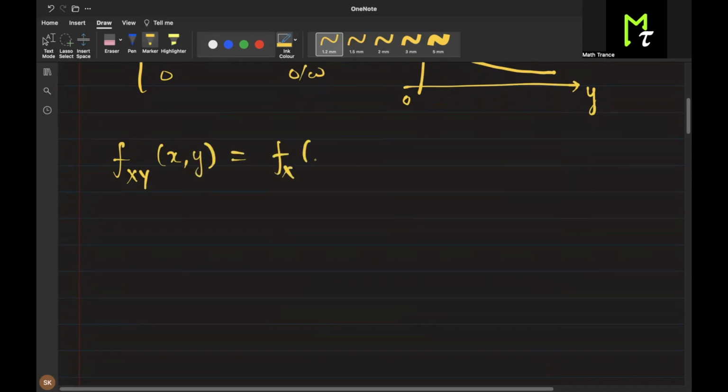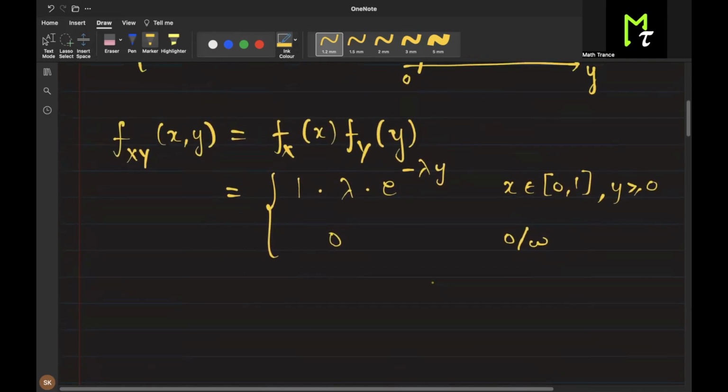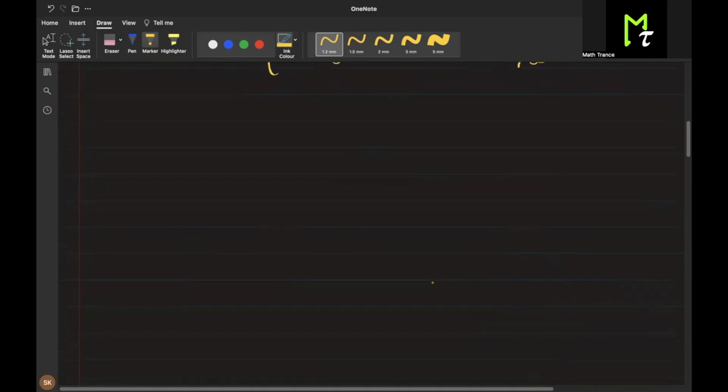Because these are independent, it can be broken down to this, which leads us to fx of x will become 1, and this will become lambda into e to the power minus lambda y when x belongs to 0 to 1 and y belongs to 0 to infinity, or y is positive. And it is 0 elsewhere.